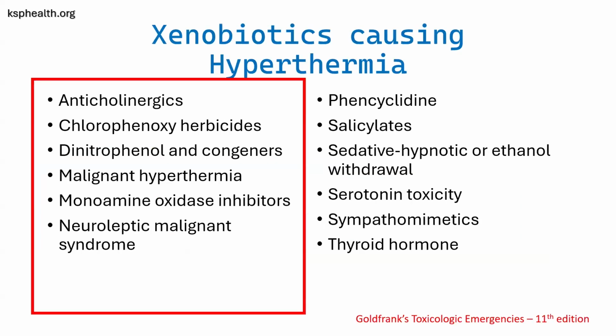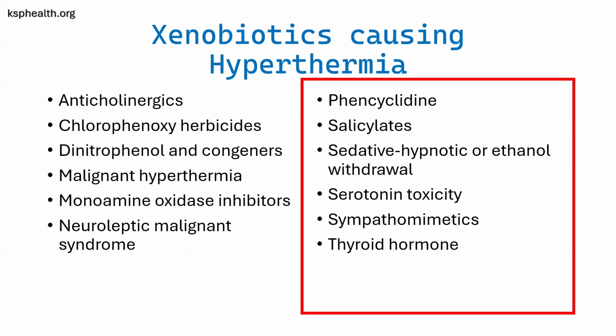So xenobiotics causing hyperthermia: anticholinergics, chlorophenoxy herbicides, nitrophenol and congeners, malignant hyperthermia, monoamine oxidase inhibitors, neuroleptic malignant syndrome, and also phencyclidine, salicylates, sedative-hypnotic or ethanol withdrawal, serotonin toxicity, sympathomimetics, and thyroid hormone.